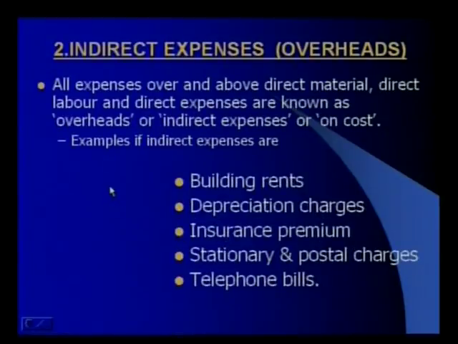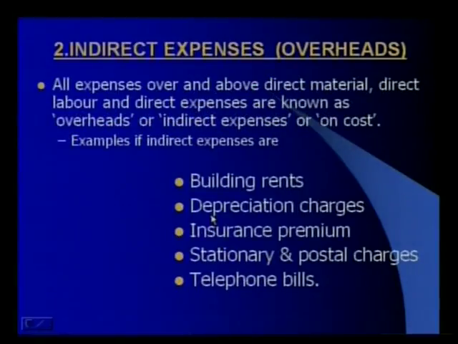For example, take building rents. If you take any industrial organization, sometimes they take buildings on rent. The rent of certain buildings and the depreciation charges of buildings and machinery come under indirect expenses. Next, insurance premium.